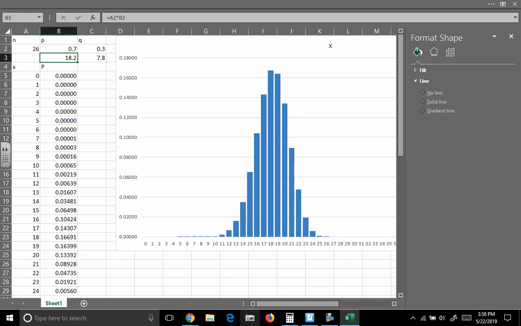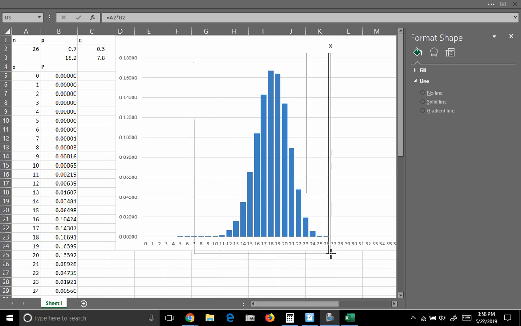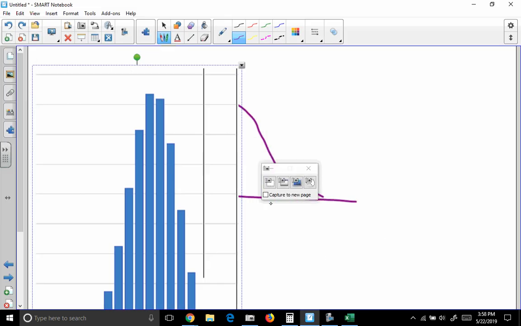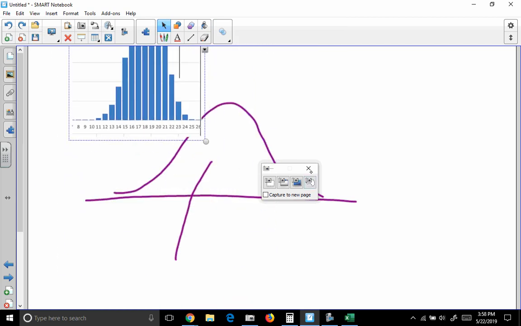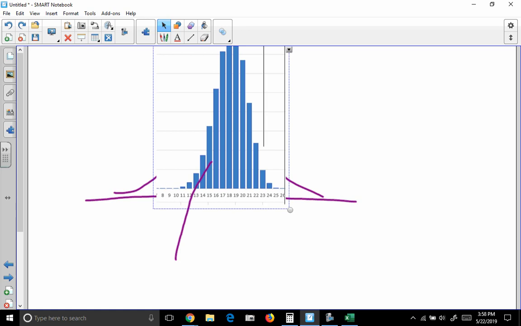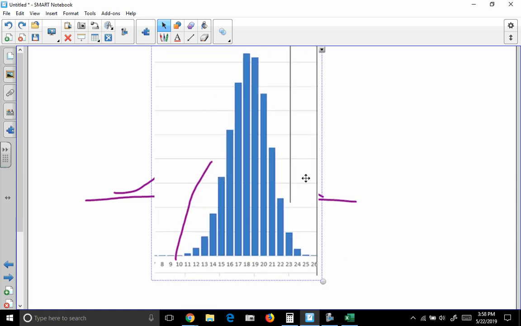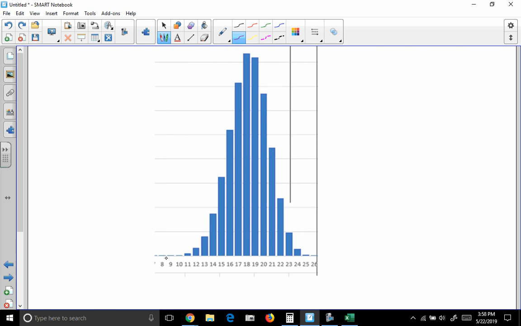So if we used a curve, let's copy this over. That's a little big. Notice that's fairly normally distributed.